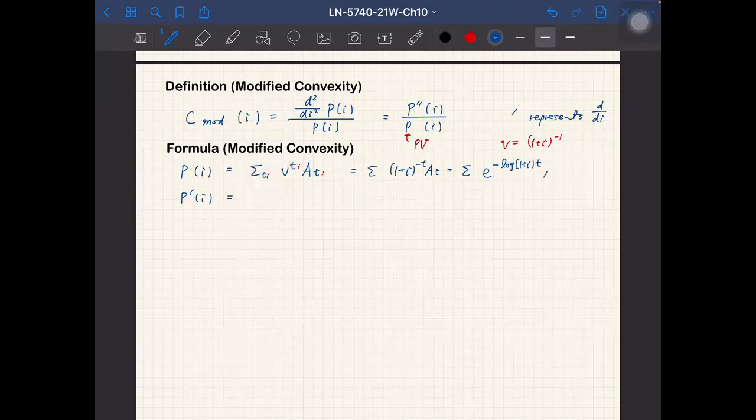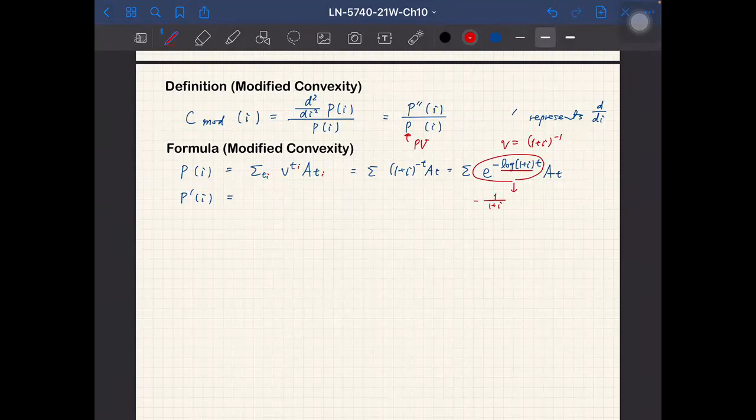To differentiate, e to the power something is always a good form. We differentiate with respect to i using the chain rule. We differentiate the log of 1 plus i, which becomes 1 over 1 plus i, and we have a negative sign.